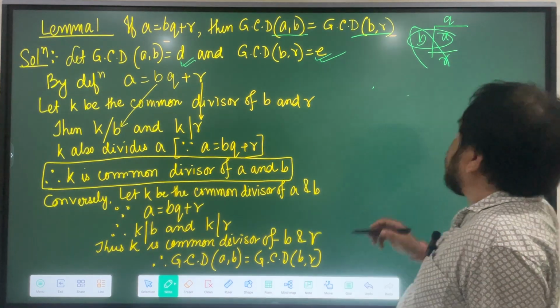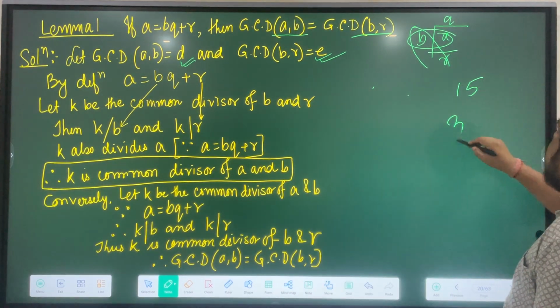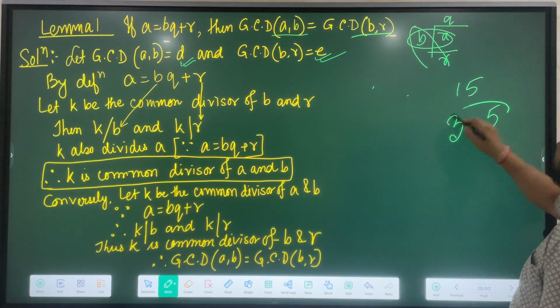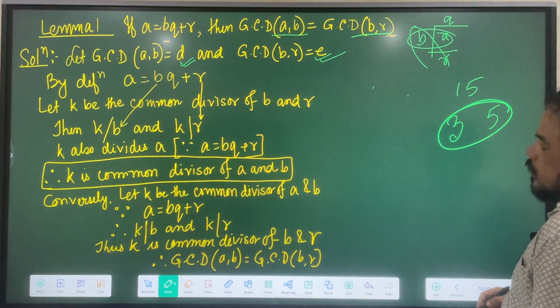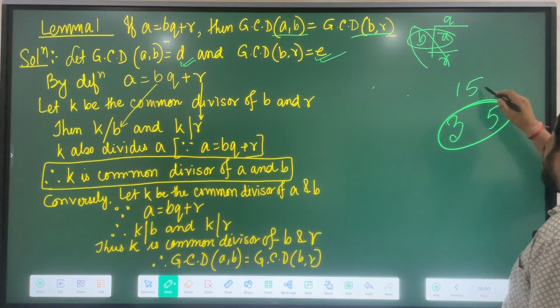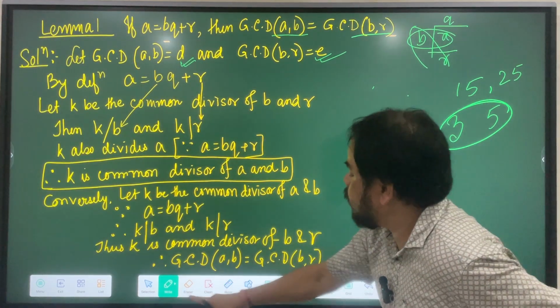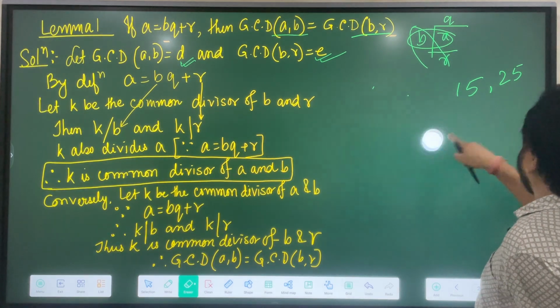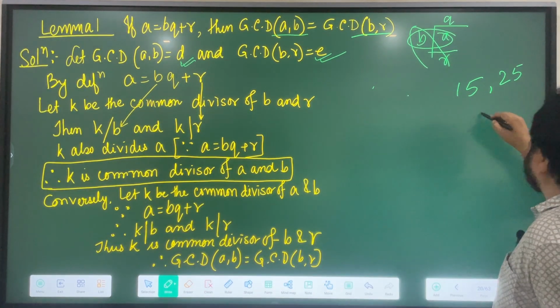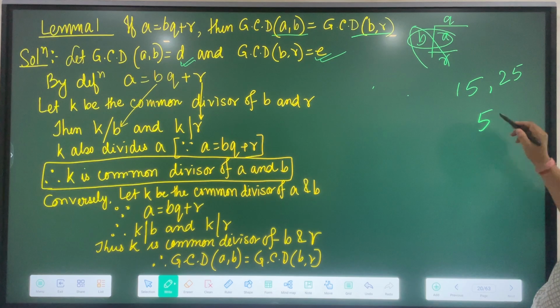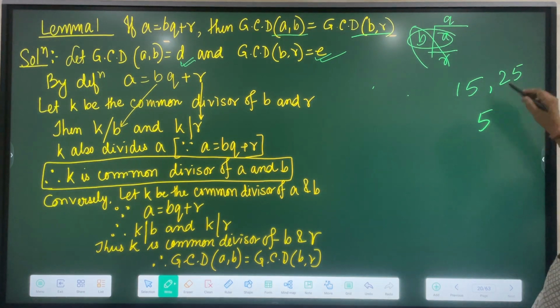Common divisor means, for 15, 3 and 5 are divisors. For 15 and 25, the common divisor is 5, because by 5 we can divide 15 and by 5 we can divide 25.